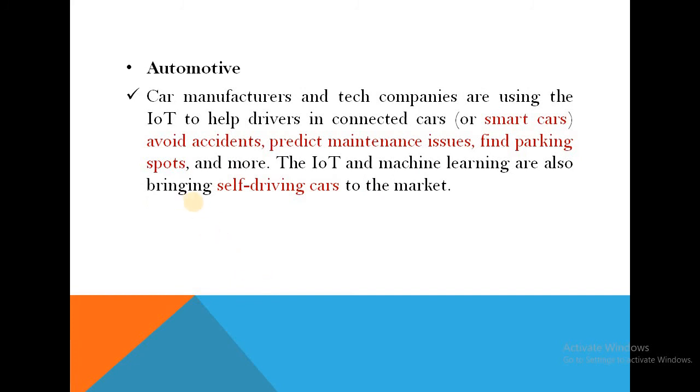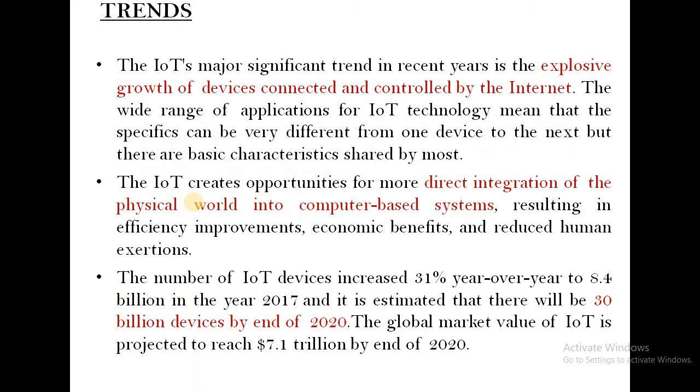Automotive manufacturers and tech companies are using the IoT to help drivers in connected cars, that are the smart cars, which can avoid accidents, predict maintenance issues, find parking spots, and many more. IoT and machine learning are also bringing self-driving cars to the market. So this is automation in the car industry.